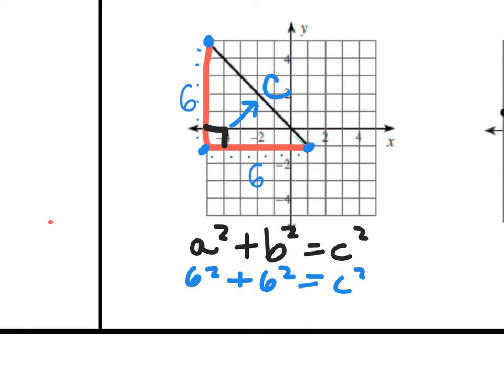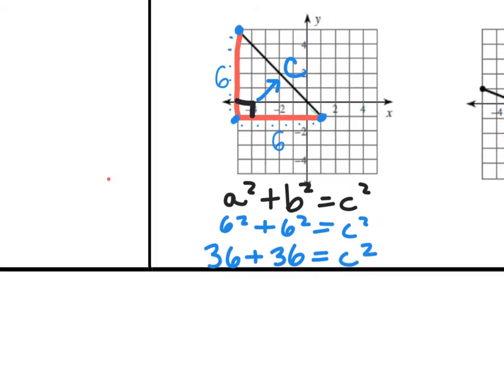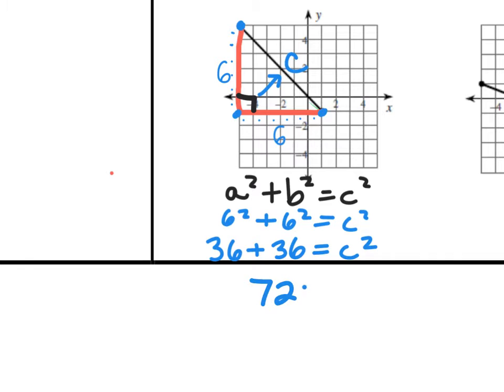Y'all, what's 6 squared? 36. 6 times 6. So we're just going to adjust that. 36 plus 36 equals c squared, which is 72 equals c squared. Class, what's the opposite of squared? Thank you.